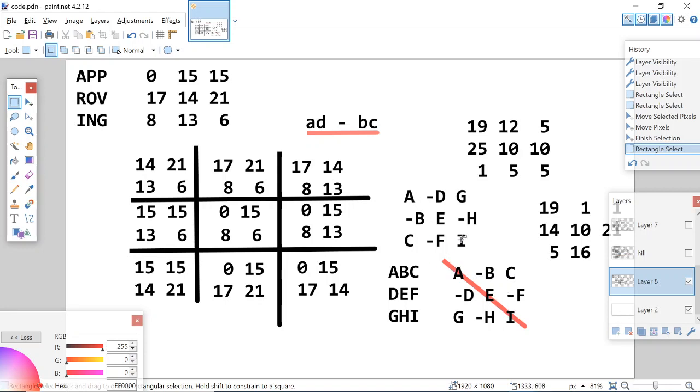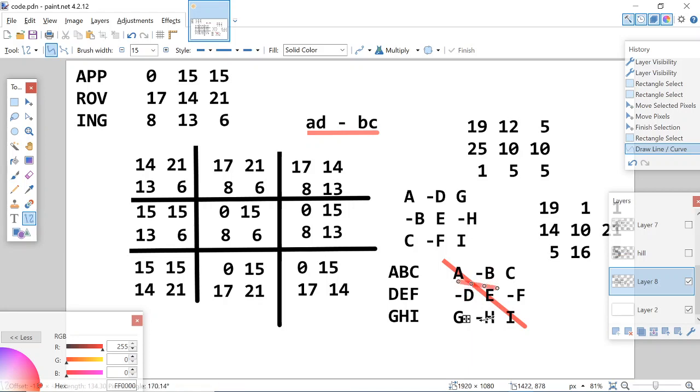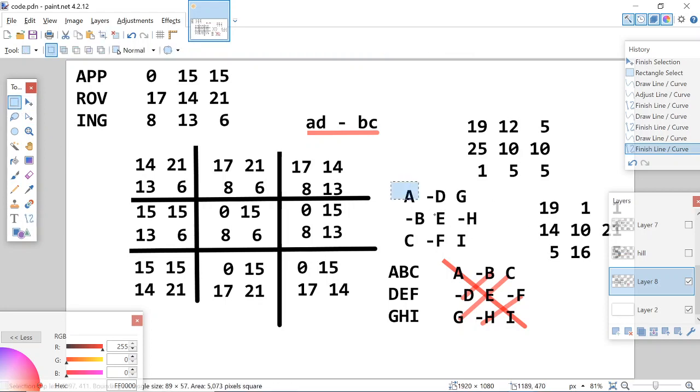But then, between these two, and these two, and these two, flip them. So you see, D flips with B, G flips with C, and F flips with H. And then this is the arrangement that you end up with.